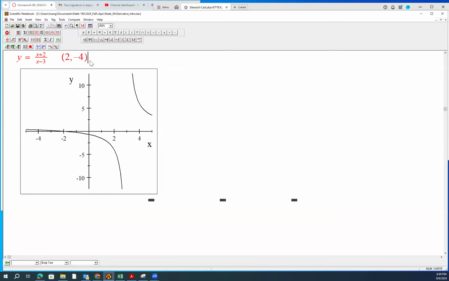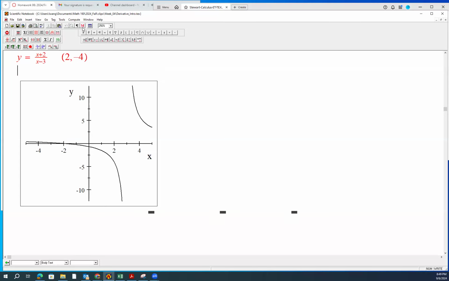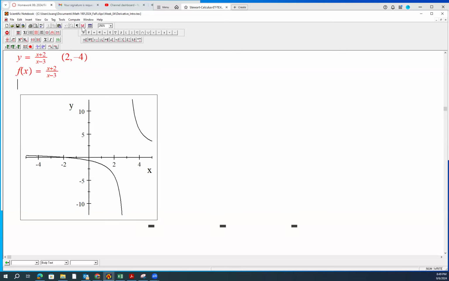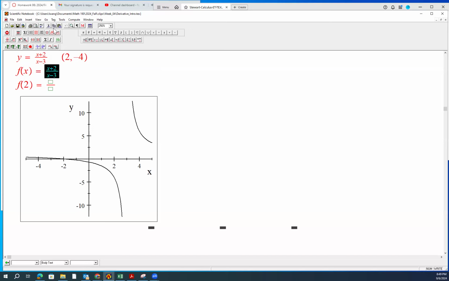In other words, if we treat this as a function that equals x plus 2 over x minus 3, and we plug in f of 2, we will get -4. So this is a point on the curve.